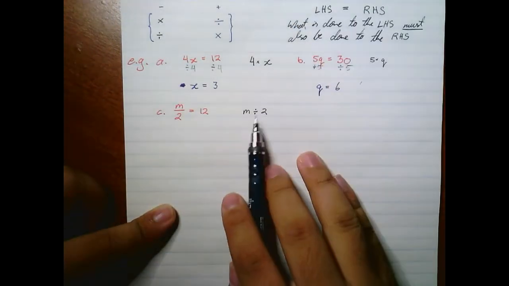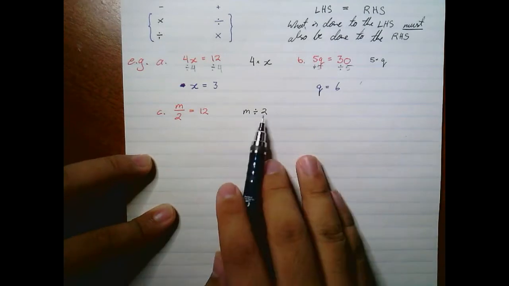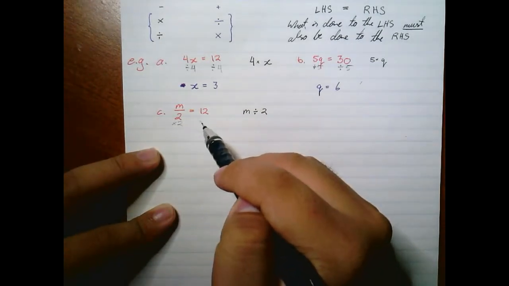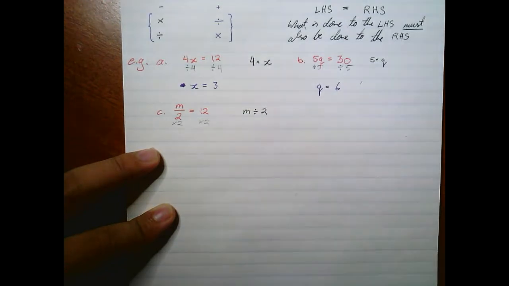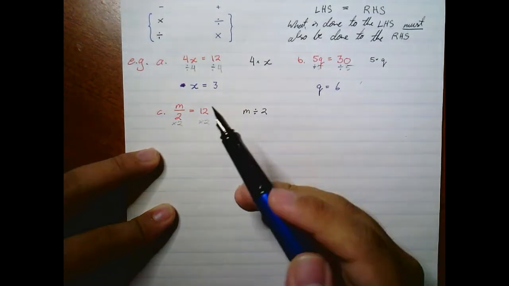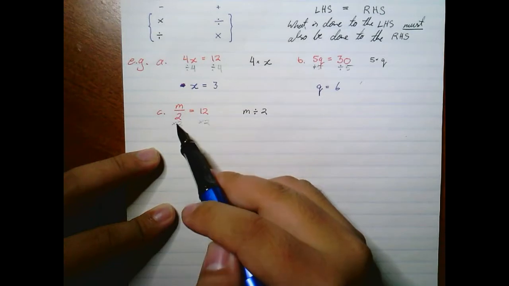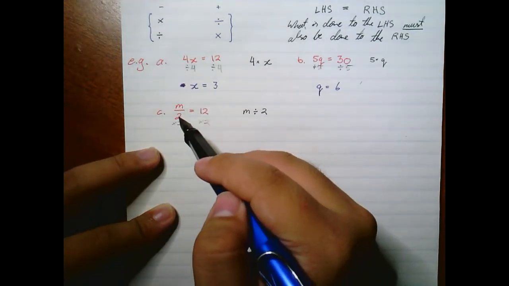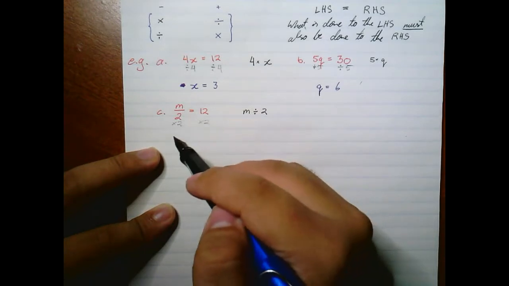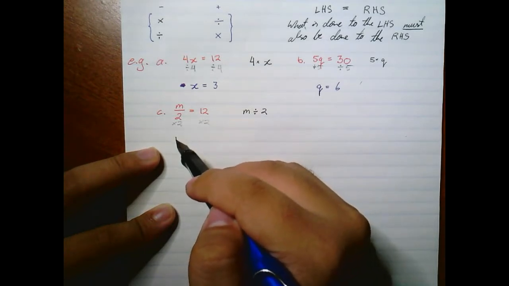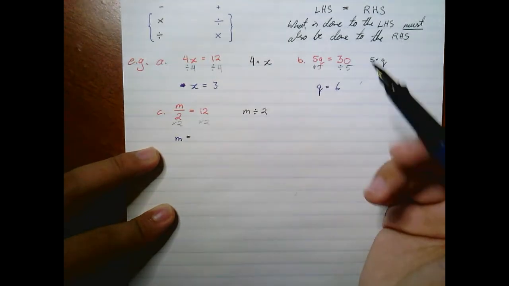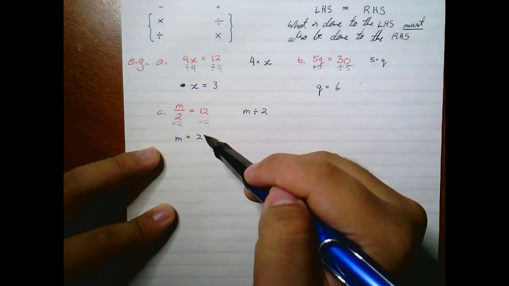Since this is divided by 2, the inverse of this is times by 2. We're going to multiply both sides by 2. Divided by 2 times by 2, well, 2 divided by 2 is 1. So this is actually 1m, but again, we don't write the 1. 12 times 2, that is 24.